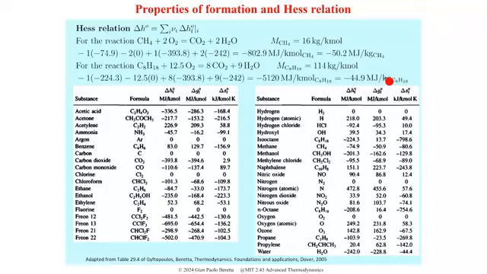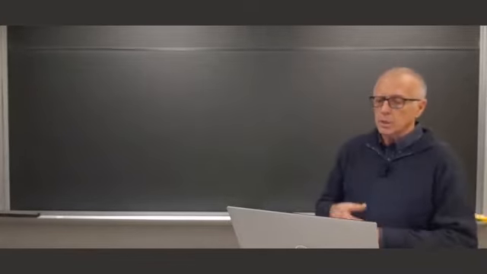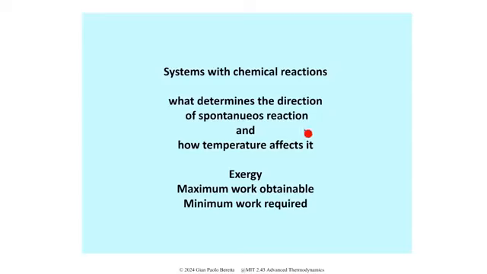I thought I had it in the next slide. We don't. It will come up in a moment. Okay. So negative means that the reaction is exothermic, and we will see now what the sign of these properties implies in determining the direction of spontaneous evolution of the reaction.